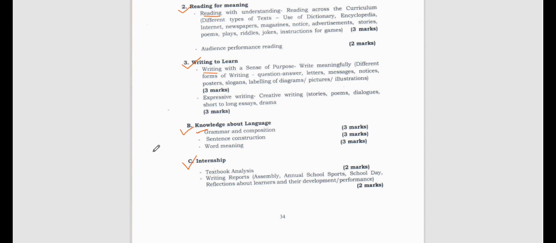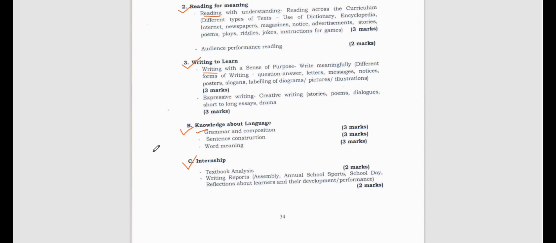So this is what happens in annual school sports day. So different types of sports are conducted, like marathon, 100-meter race, 200-meter race, then relay race, then also literary competitions are taken, like the debate competition, extempore speech, quiz competition, poem recitation. So different types of activities are done, right?